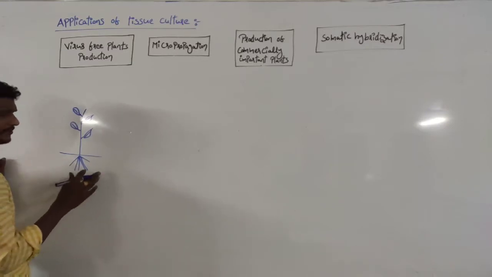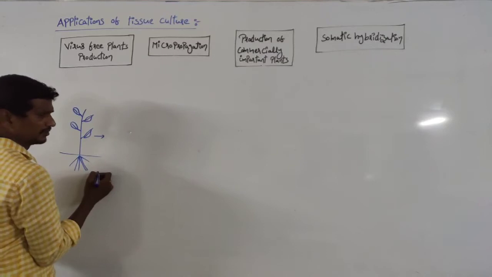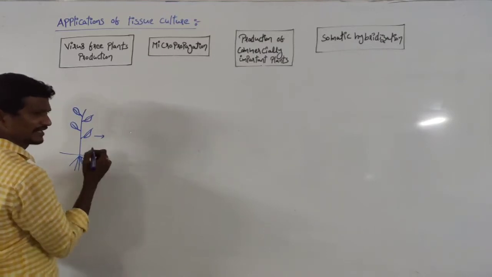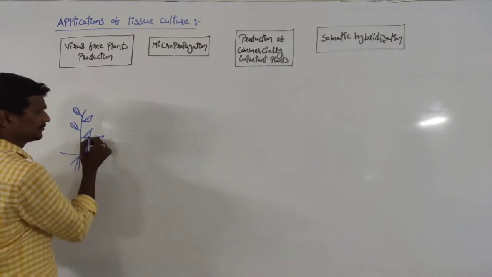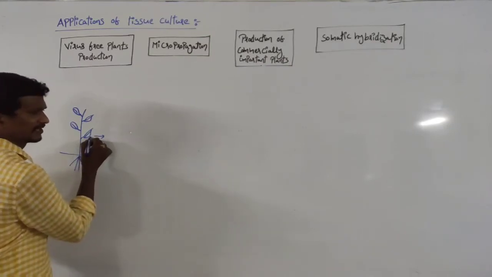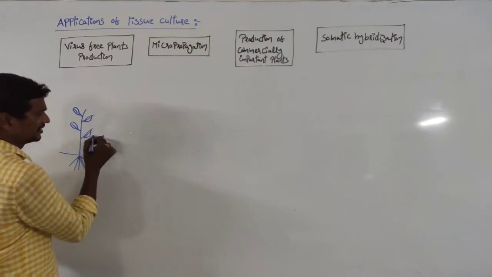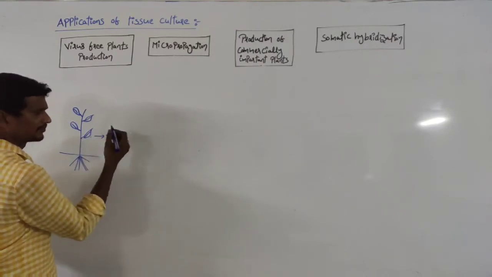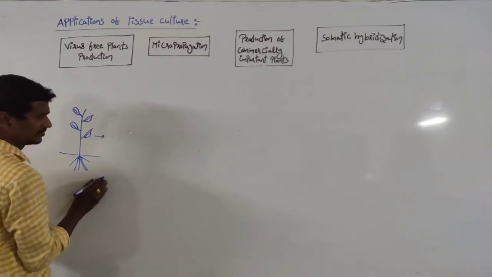So how can we produce the virus-free plants? Remember, first of all, if we take a leaf as the source for callus production for tissue culture, the leaf may already be affected with the virus. If we take this as the source, the next generation plants also have the virus, right?